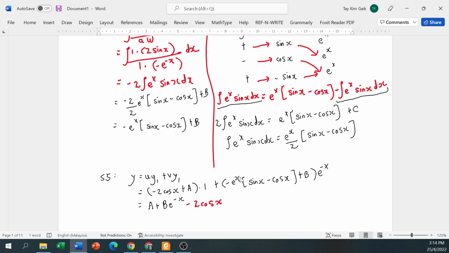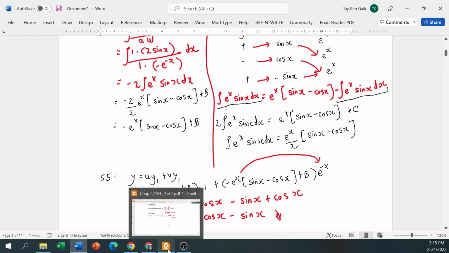And then negative e^x times this term: e^x times e^(negative x) gives e^0, which is 1. So 1 times this one means minus sin x, negative negative plus cos x. So you have a plus b e^(negative x), then minus 2 cos x plus cos x, so minus cos x minus sin x.